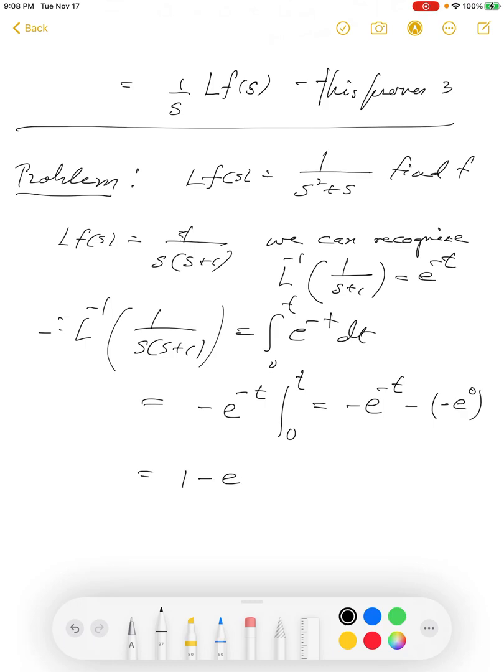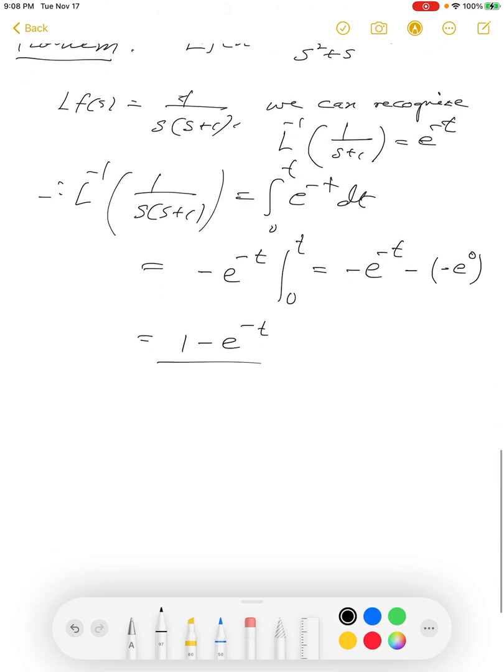So the answer is 1 minus e to the minus t. I could have done this also by using partial fractions, but this shows you how to use this formula.